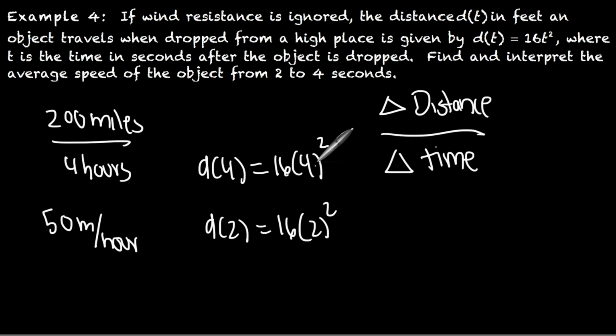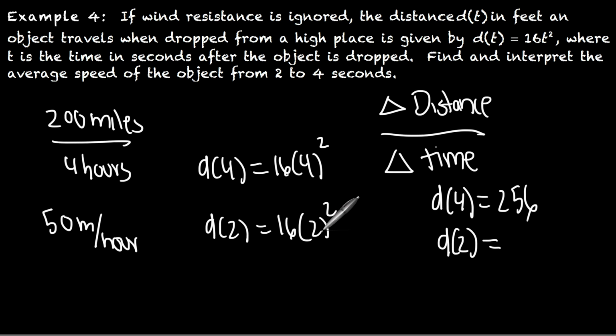And so then what we end up having is 16 times 16, and 16 times 16 is 256. So the distance that it is at 4 seconds is 256. The distance or position that it was at 2 seconds is going to be, well, this looks like 4 times 16, so that's going to be 64.